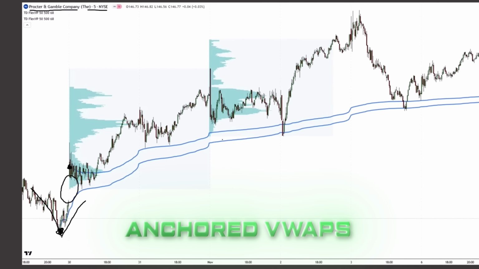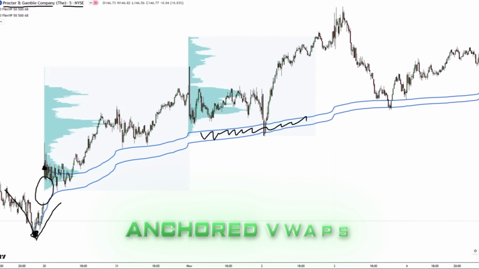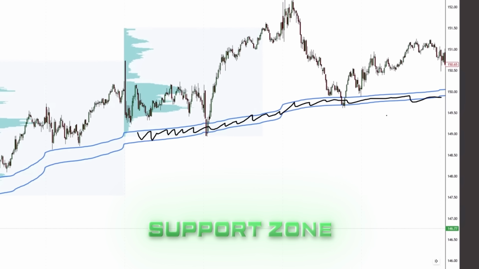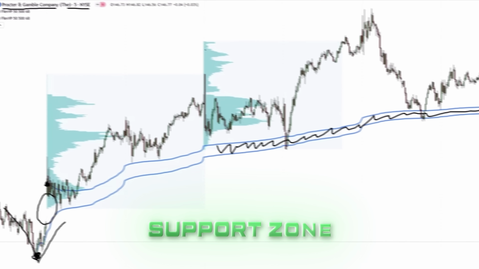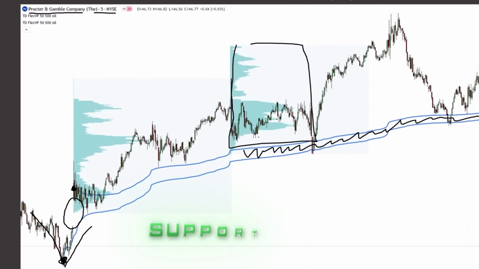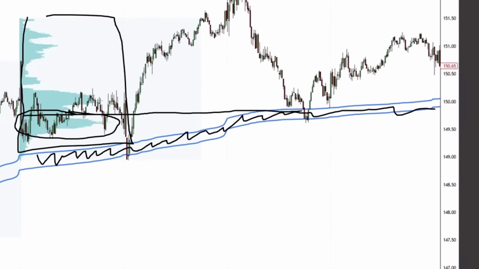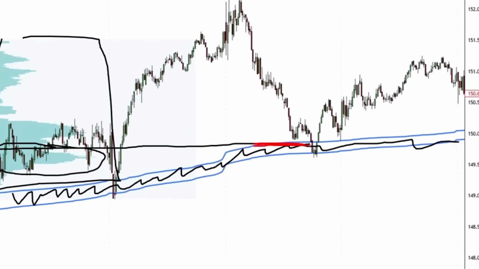And if you look here, they sort of make a support zone. Also, let's take a look at this volume profile here, specifically into this zone, which points, let me change the color here, it points to the same place as those two anchored VWAPs.